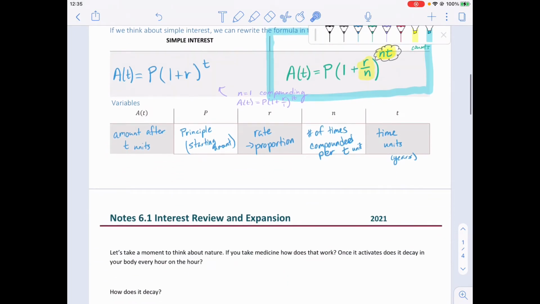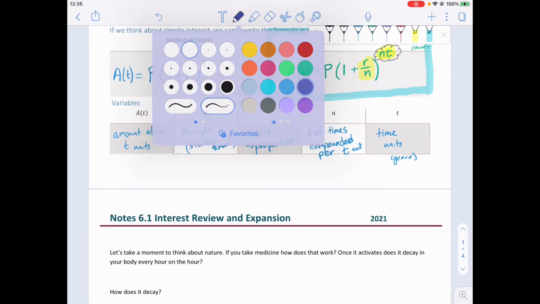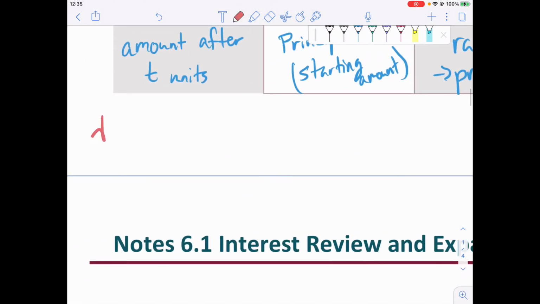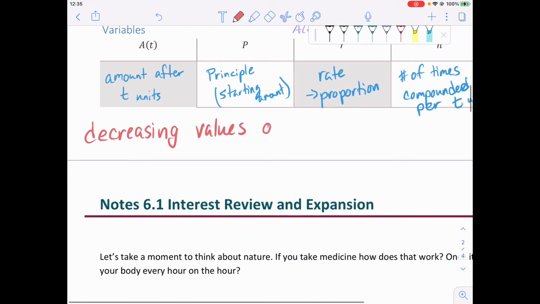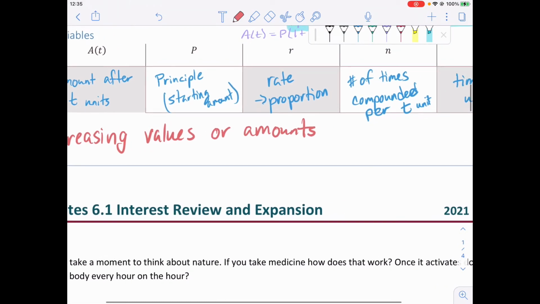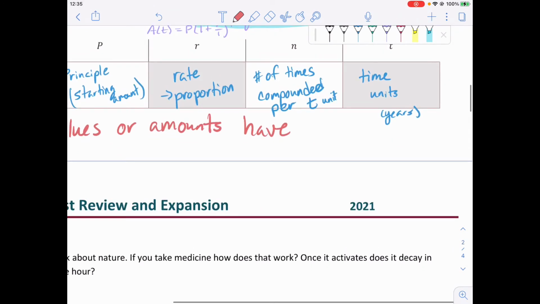The only other thing I'm going to say about this is that if we are going down, so decreasing values or amounts, have negative rates.